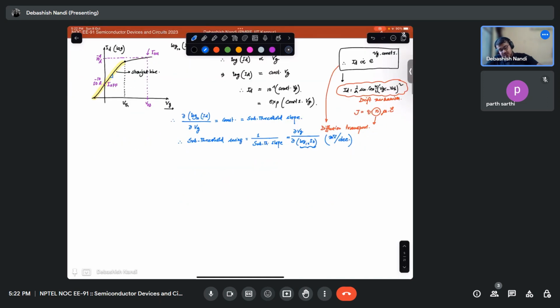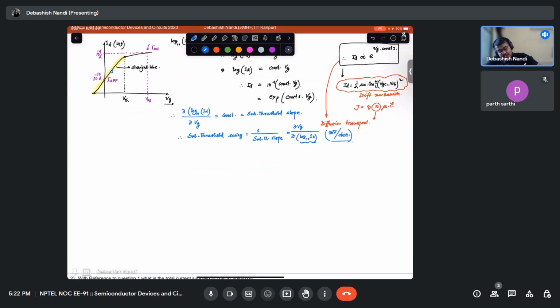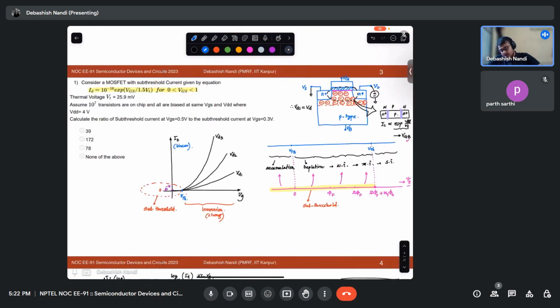This is a very important factor, and if you do the derivation or have followed the lecture, this quantity is given by phi t natural log of 10 times (1 + C depletion over C ox). This can be simplified to this.